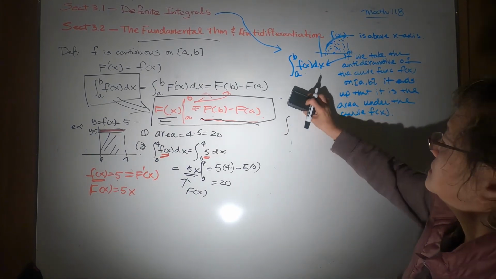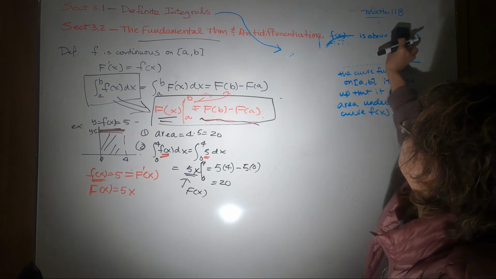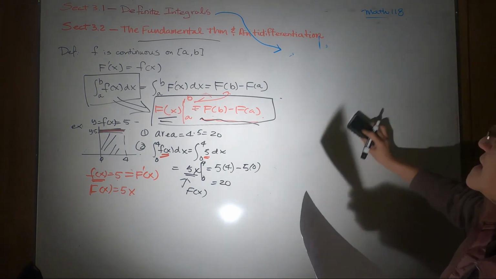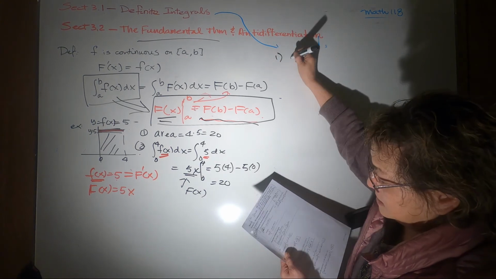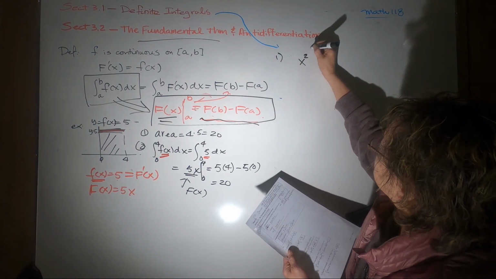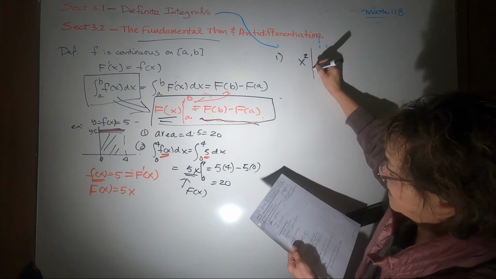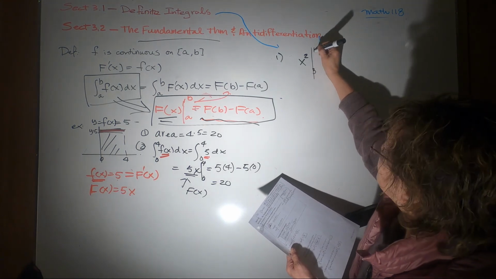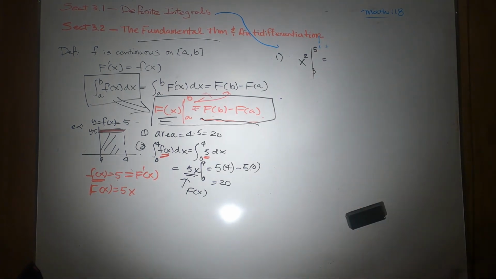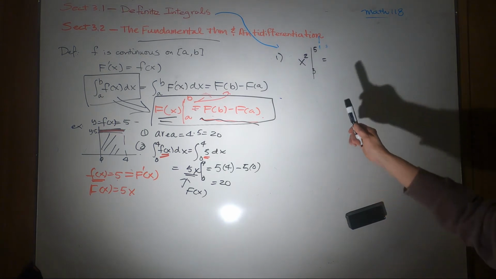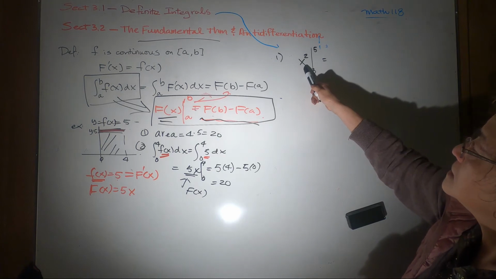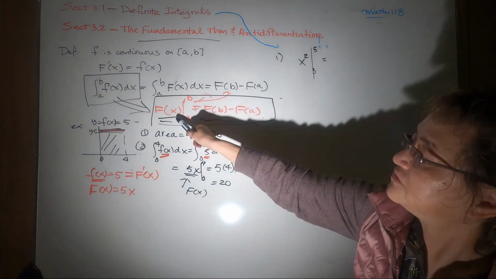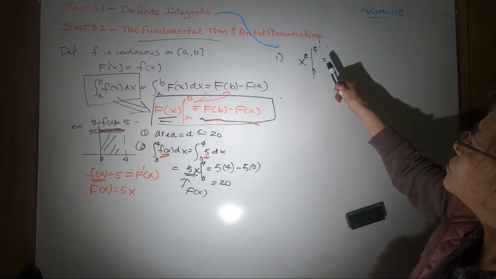Okay, so let's do some examples. We just want you to evaluate this. If the symbol is like this, it means you just plug in 5 and 3 into the antiderivative.